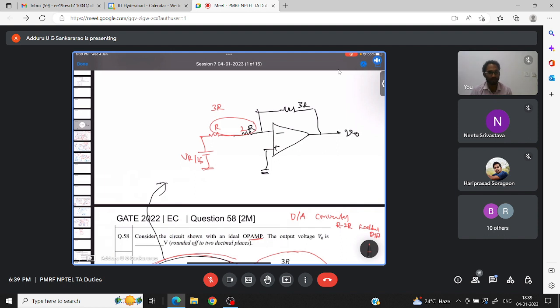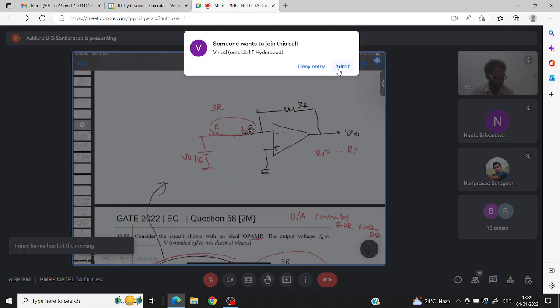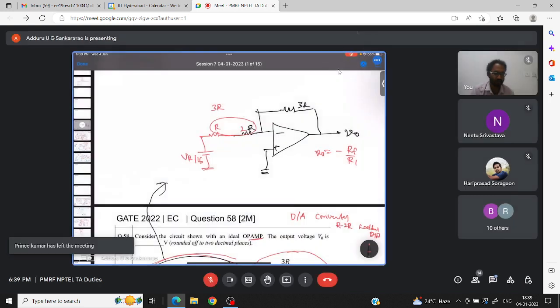For an inverting operational amplifier, you know the output is, since op amp is ideal, they have given, output is what? Minus RF by R1 into Vin, right? Hopefully you know this. So what is the output? Output is minus 3R by 3R into Vin, which is VR by 16.